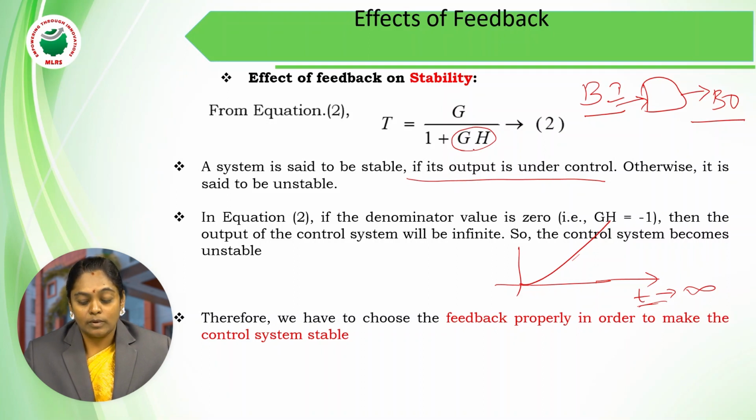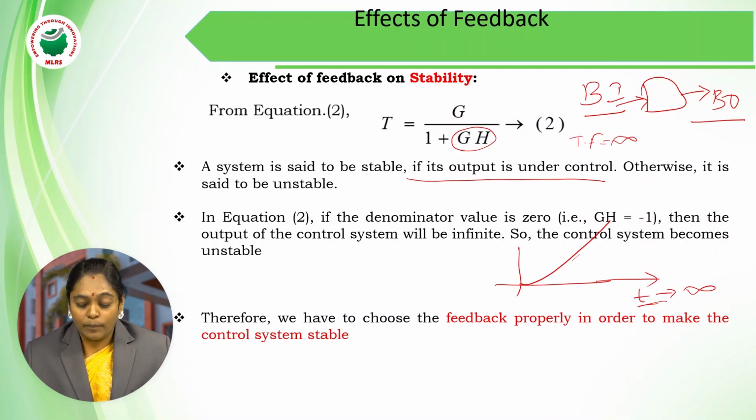If the denominator is 0, can I say the transfer function is infinity? Meaning if GH is equal to -1, the output of the control system will be infinite, and the system becomes an unstable system.